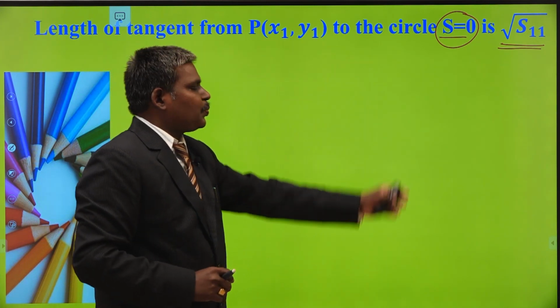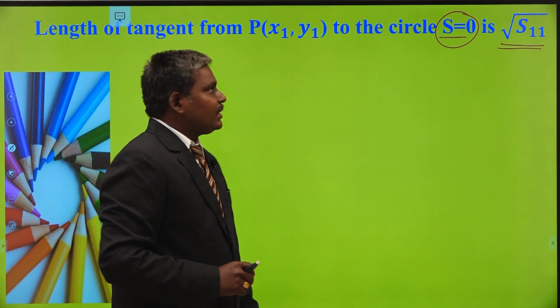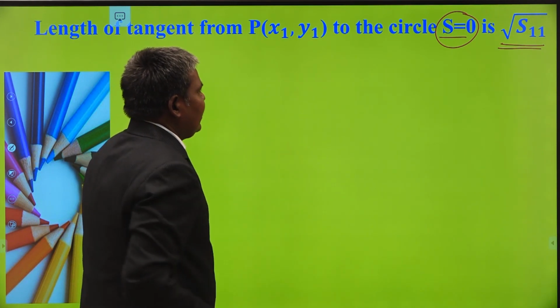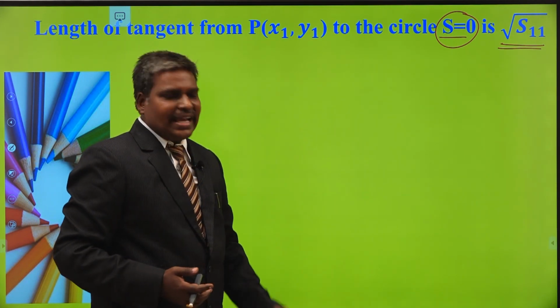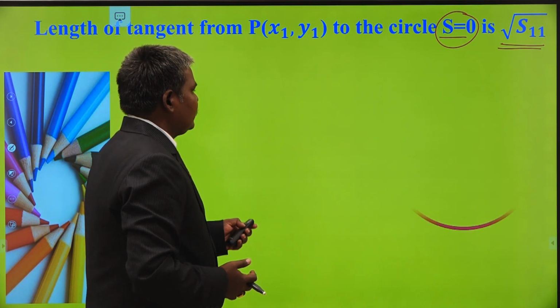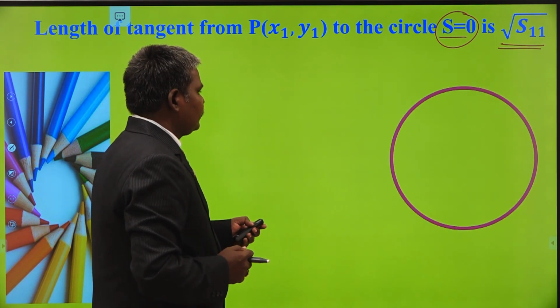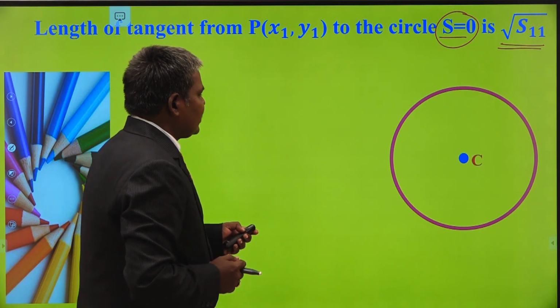Now, let us try to prove this one, root S11. The length of tangent from point P(x1, y1) to the circle S = 0 is root S11. How to do this? This is my circle, S = 0. This is the center of the circle.